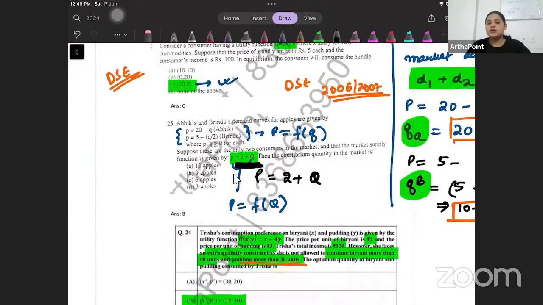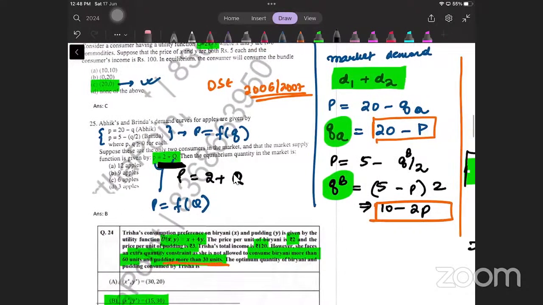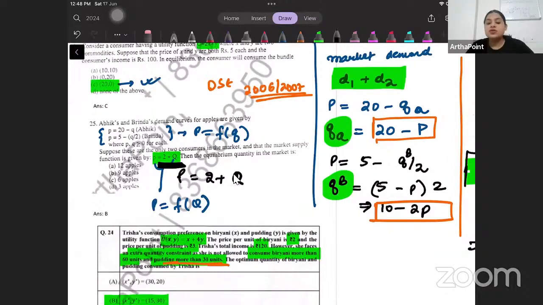Can we equate the individual demand functions to each other, irrespective of the combined price? No, we cannot. Because if we equate the two, we are assuming that somehow their demand curves are the same. We cannot do that. They face the same price, but they're demanding different units, right?